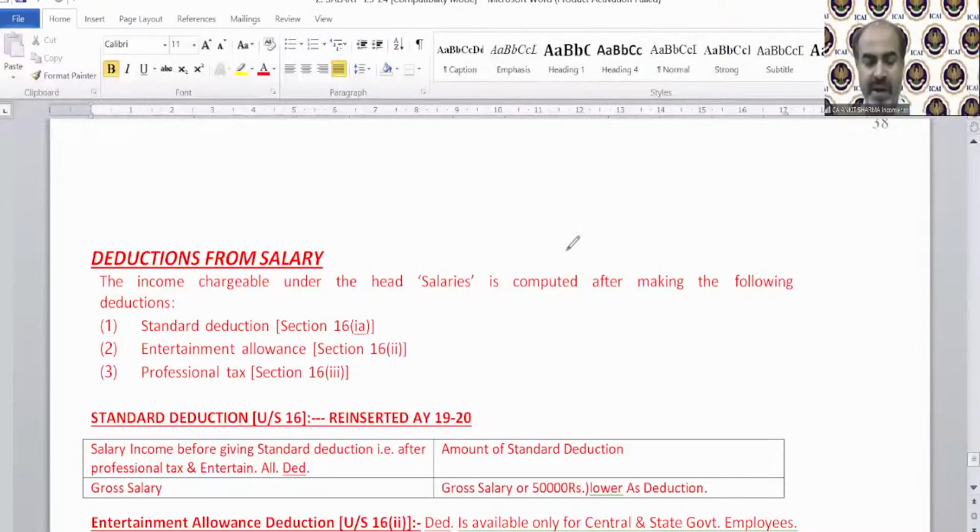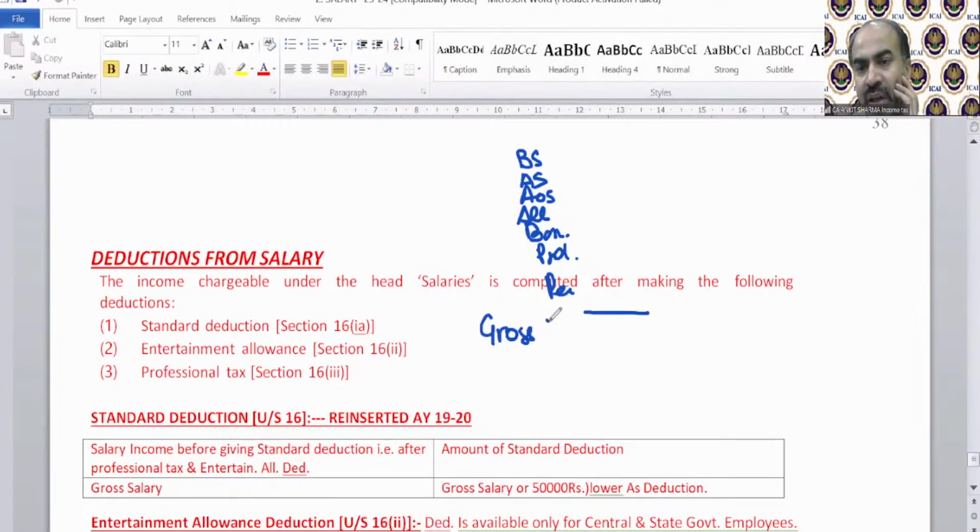As per the format, technically, now we are on our gross salary part. There was basic salary, advance salary, arrears of salary, allowances, bonus, commission, profit in lieu of salary, then perquisites, etc. So after doing each and everything, now we are at our gross salary part.